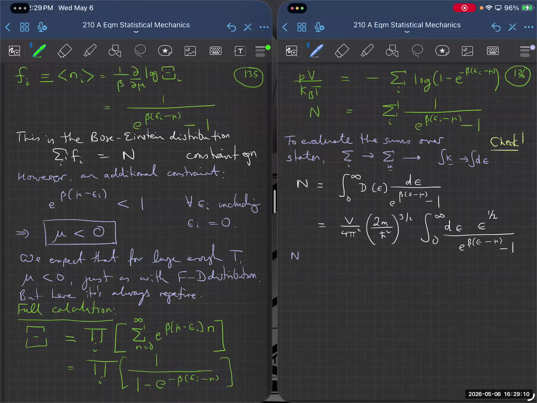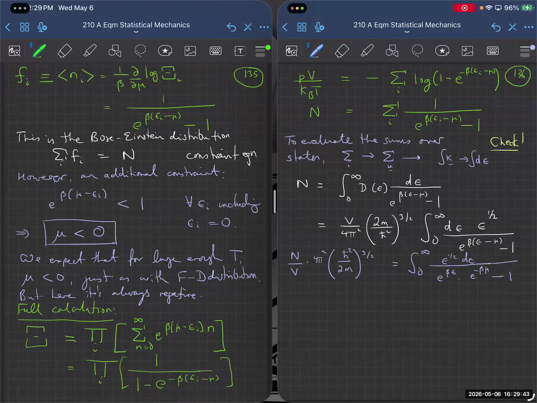I can write this as n over v times 4 pi squared times h bar squared over 2m to the 3 halves, and that is equal to the integral from 0 to infinity of epsilon to the 1/2 d epsilon over e to the beta epsilon, and then e to the minus beta mu, and then minus 1.